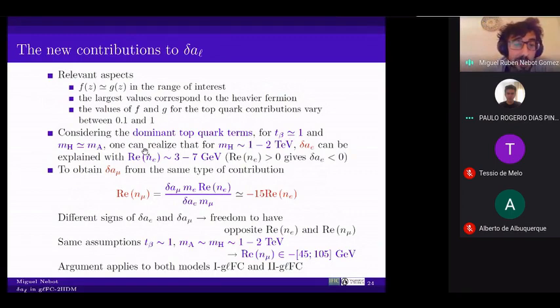And this means that in order to get the muon anomaly, you can use the same terms. The only thing is that you will need to take a different value for the muon coupling.